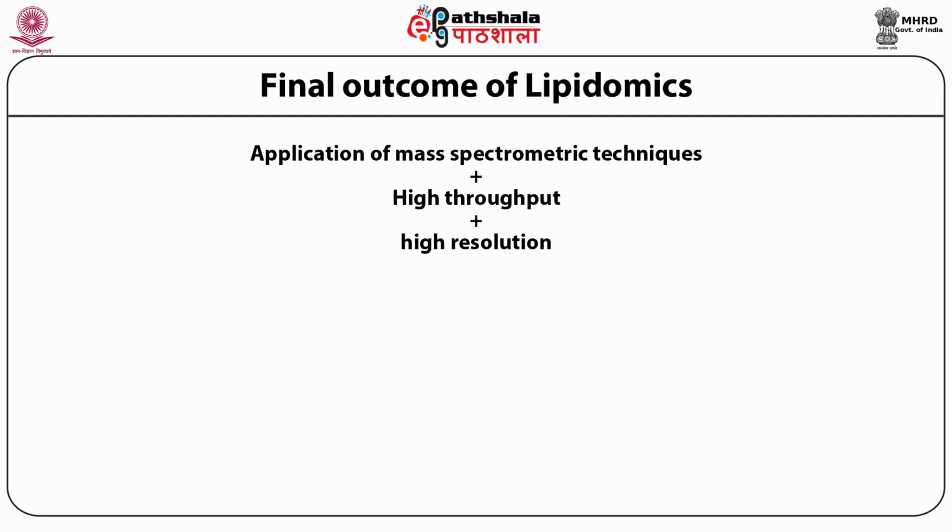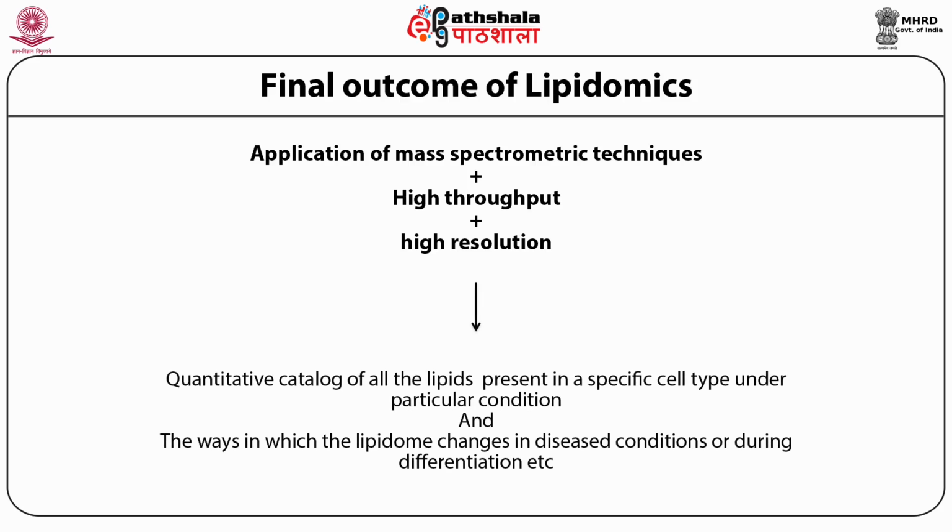High throughput plus high resolution would enable you to obtain a quantitative catalog of all the lipids that are present in a specific cell type under a particular condition. It would also enable you to look into the changes that have occurred in the lipidome in diseased condition or during differentiation, etc.